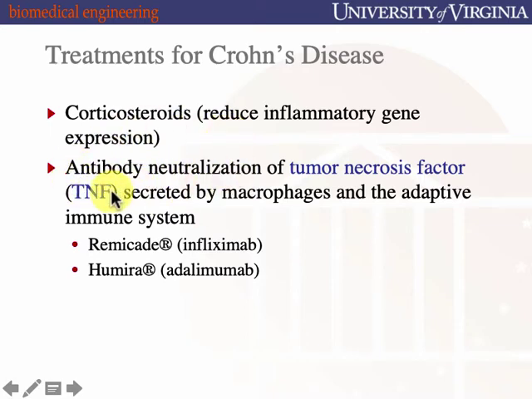More specifically, in the past, let's say, decade or so, folks have been using antibody neutralization of this particular cytokine called tumor necrosis factor, or TNF. And this is secreted by macrophages and the adaptive immune system in response to pathogens. In this case, it's being inadvertently expressed, right, as a part of this defect.